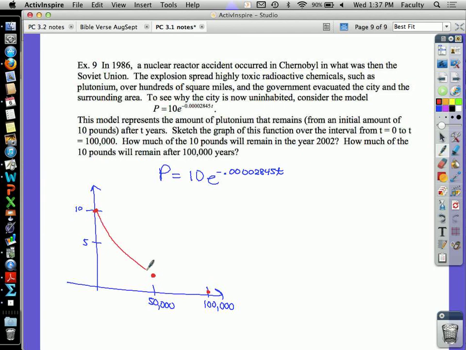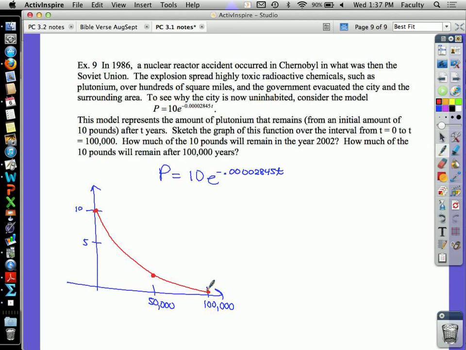So we're going to graph this piece. And do you notice that I have dots on either end because it said sketch the graph of this function from t is 0 to t is 100,000. So I'm not continuing it on because I only wanted it from a closed, what we call a closed interval.